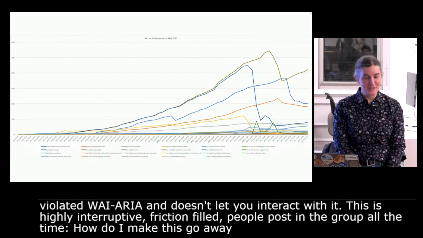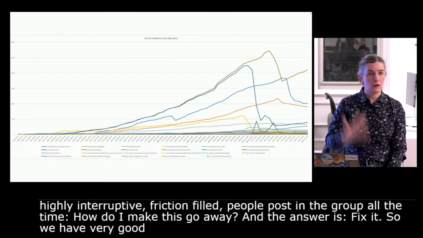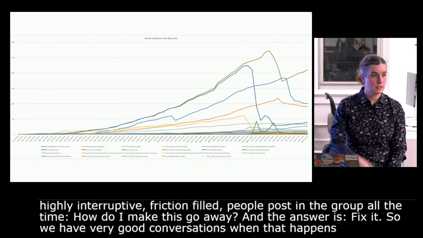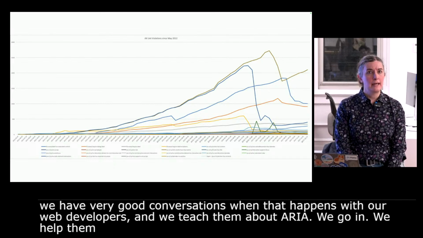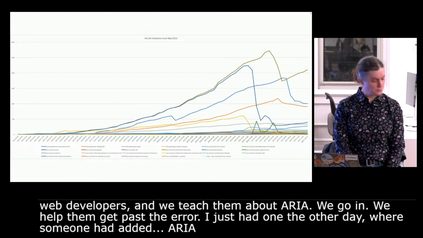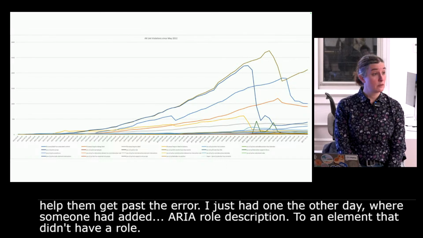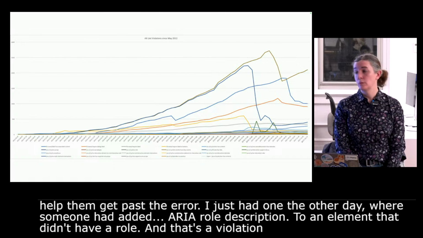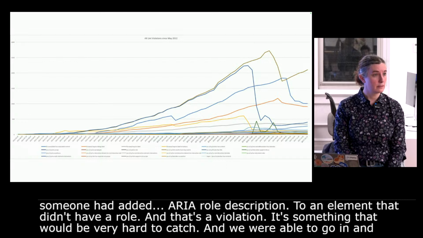So we have very good conversations when that happens with our web developers, and we teach them about aria. We go in, we help them get past the error. I just had one the other day where someone had added aria role description to an element that didn't have a role, and that's a violation. It's something that would be very hard to catch, and we were able to go in and eliminate that property and move on.